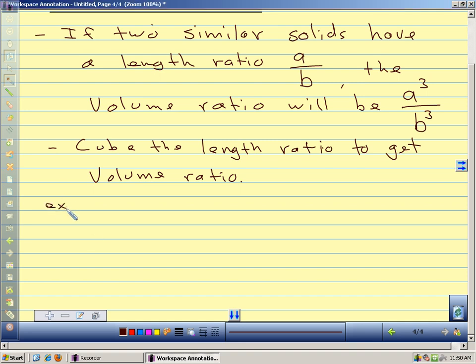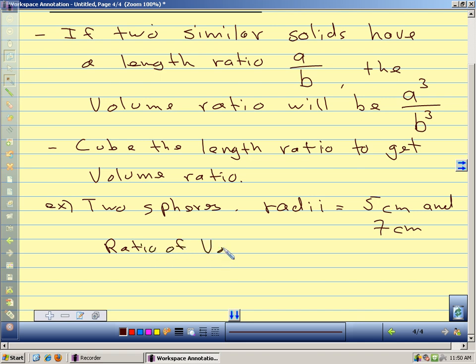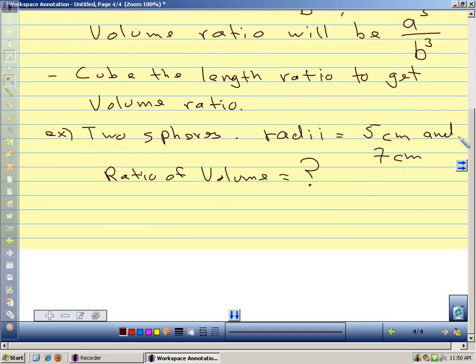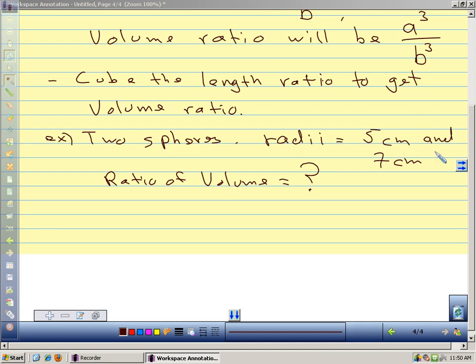We have two spheres. The radii are 5 centimeters and 7 centimeters, and we want the ratio of the volumes. Is radius a volume, an area, or a length? Radius is a length.